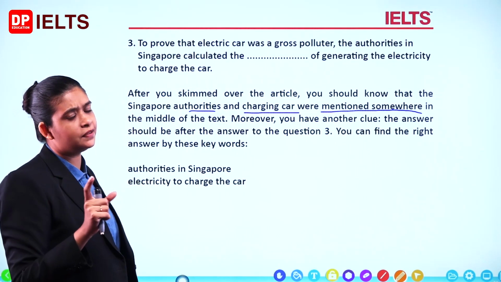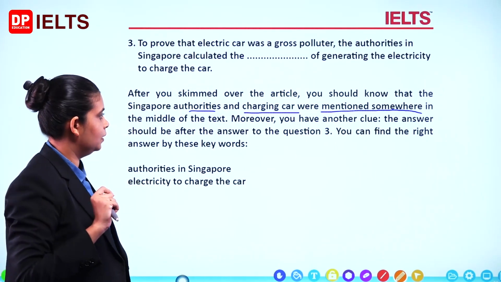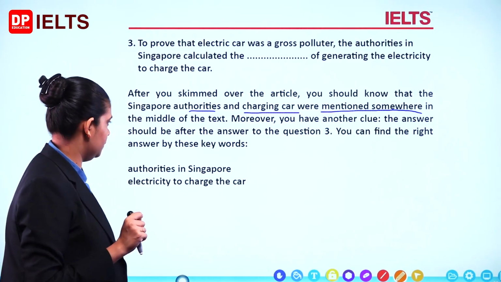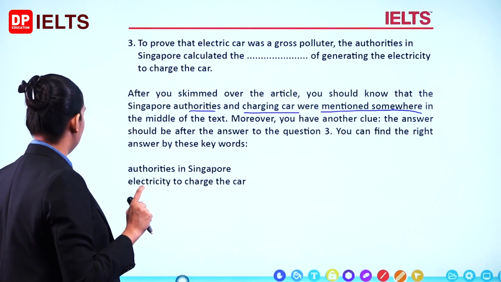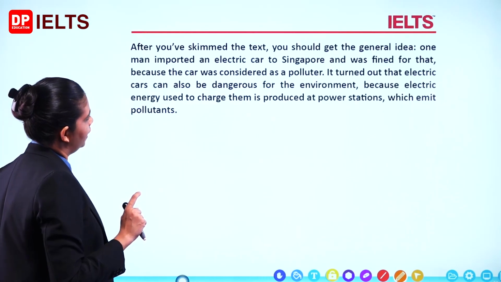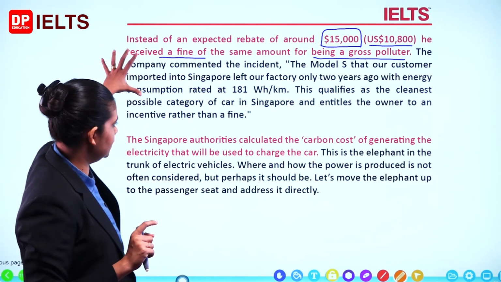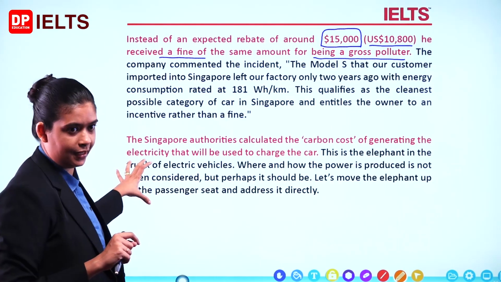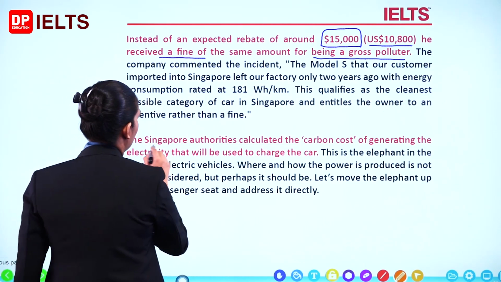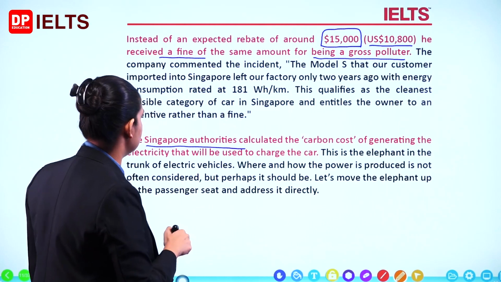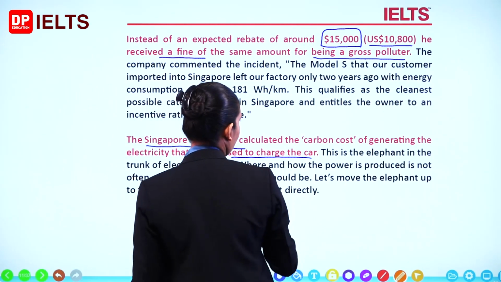Moreover, you kind of had a clue: the answer should be after the answer to question number 3, right? So, we go and see, where do we find these things? So, this was here. Now, how do they calculate it? The Singapore authorities calculated the carbon cost of generating the electricity that will be used to charge the car, right?